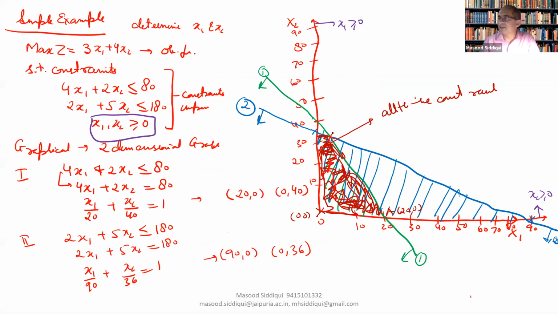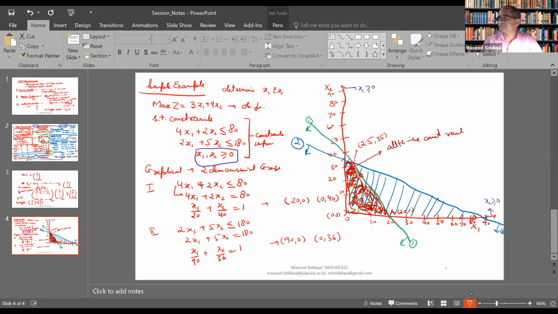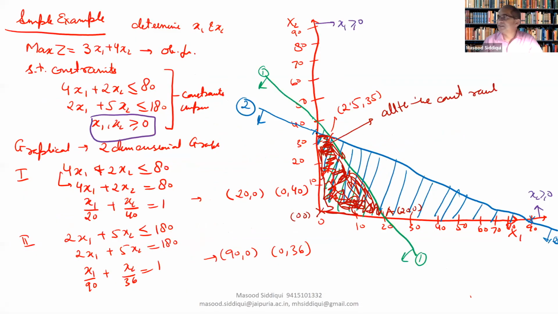By solving these two, we will have 2.5 and 35. You can solve these values. So this is 2.5 and 35. And this is the third, it is 0, 36. Right? So this is the space that is bounded by the constraints.